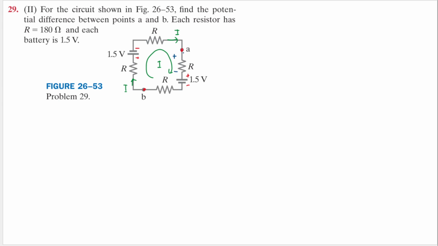The current is flowing from here to here, so this one is the positive side and this one is the negative side. The same can also be applied here. The current is flowing from here to here, so I will have plus and minus here. And this R is also the same, so I will have plus and minus here.